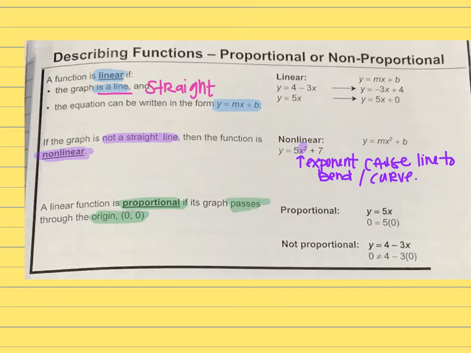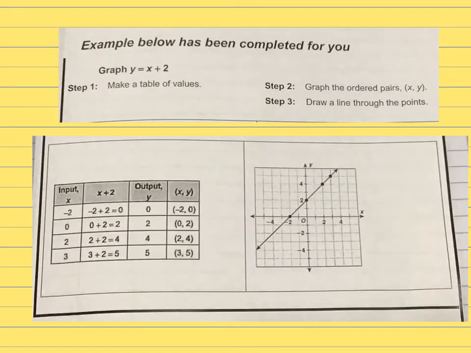If a graph only has y equals and then a number with x, that is what you're looking for to be proportional, because it has no y-intercept, or the y-intercept is 0. This one is not proportional because it has this added extra number and not just the variable.